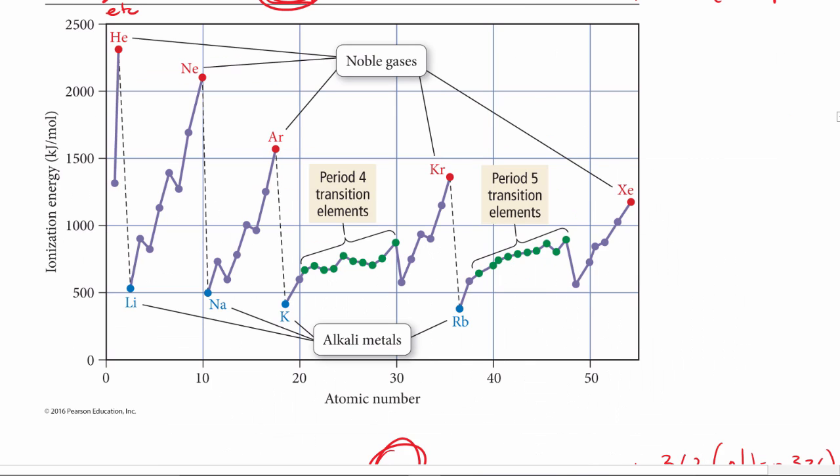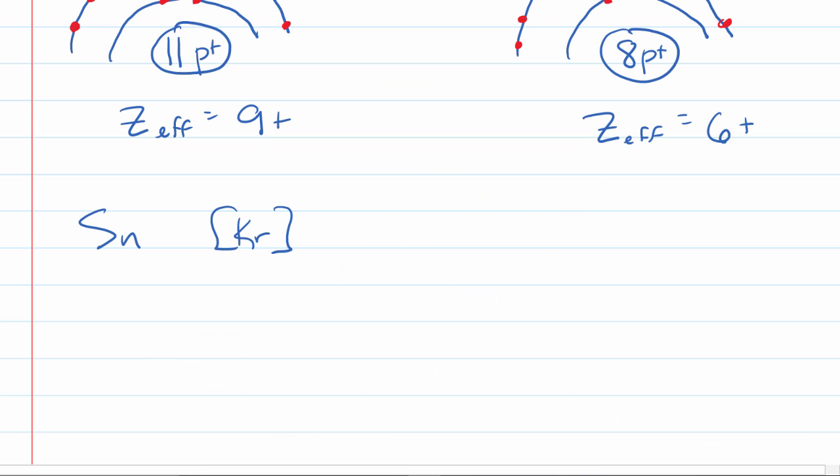And once we go back to the noble gas configuration of krypton, we then add on 5s2, 4d10, and 5p2. When you write out its configuration, you should always confirm that the sum of the superscripts does indeed add up to the atomic number. So krypton represents 36, and this here is 14 more. 36 plus 14 gives us 50, which matches the atomic number of tin.